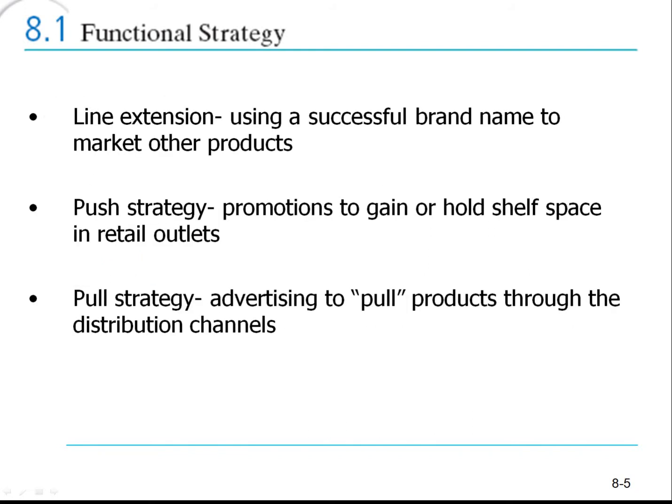Here are some examples. Line extensions. A line extension is when you add a new brand, or you do some kind of product design merger between 2 previously separate types of items. Think of it this way: Crest toothpaste, and then Crest toothpaste decides to add Arm & Hammer baking soda. So they have Crest toothpaste, a standard product, but now we have Crest with Arm & Hammer, and people typically associate Arm & Hammer with being able to clean things, make things fresher.